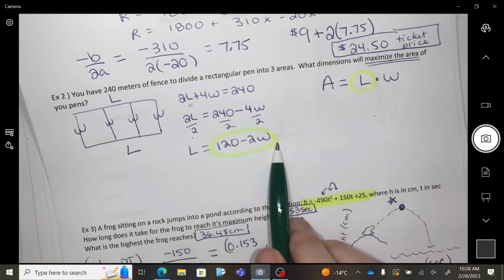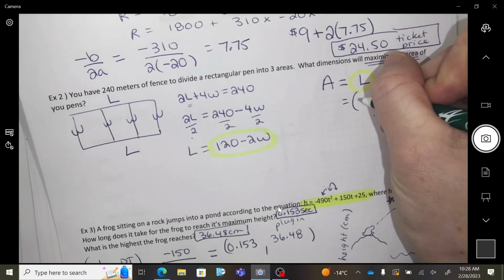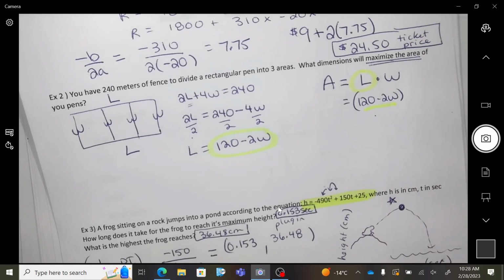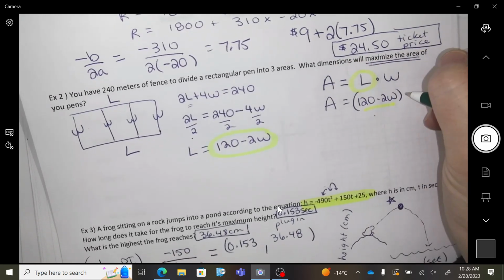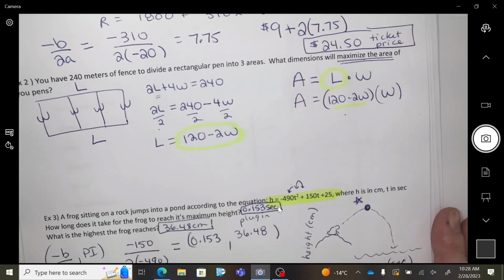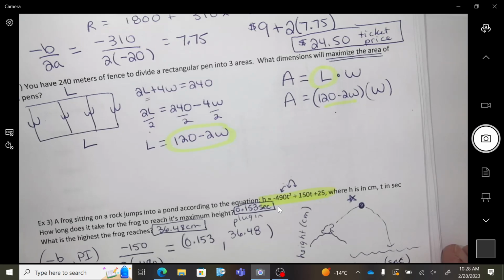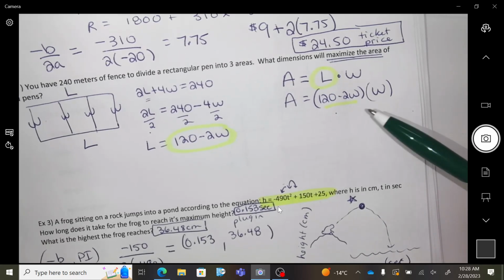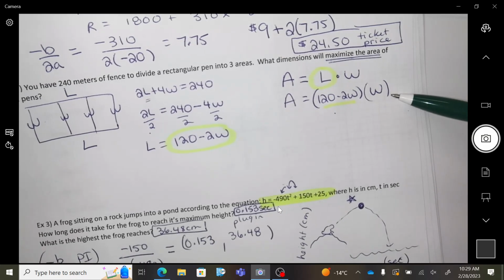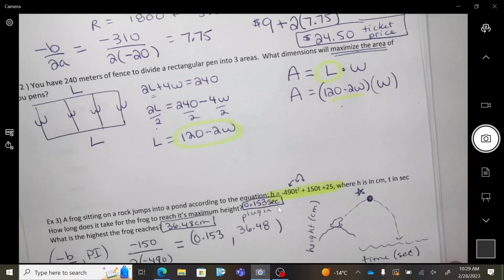If L is equal to this, that means it could be substituted in place of L. And now I can see an equation with A's and W's, just 2 variables instead of 3 variables, which is what we've been doing. Okay, now we're at the same point as question 1.